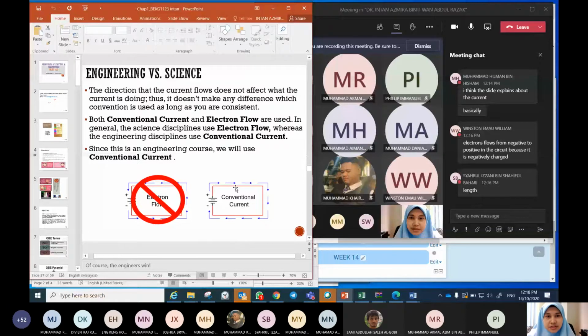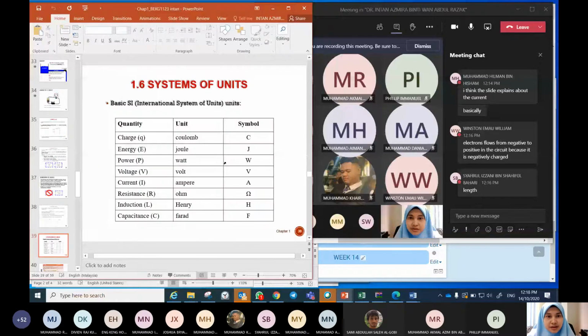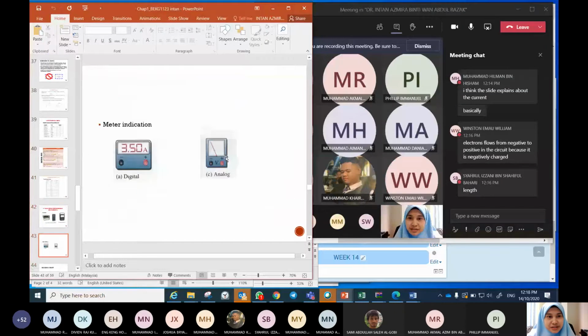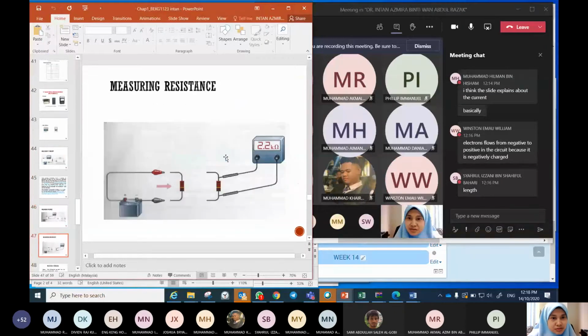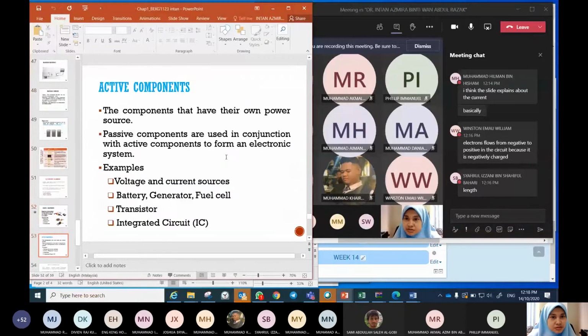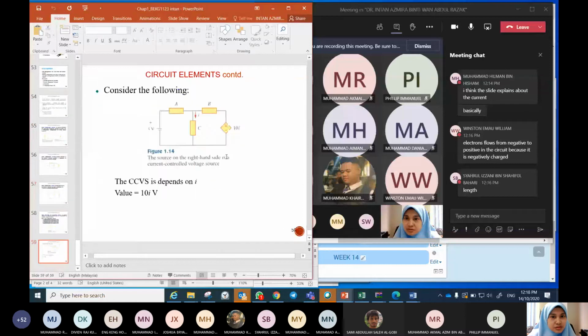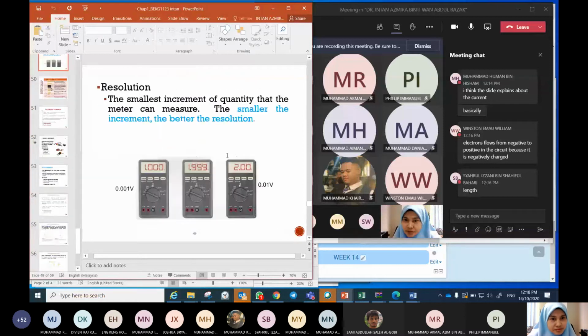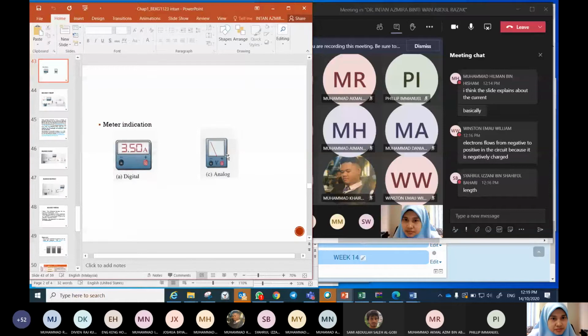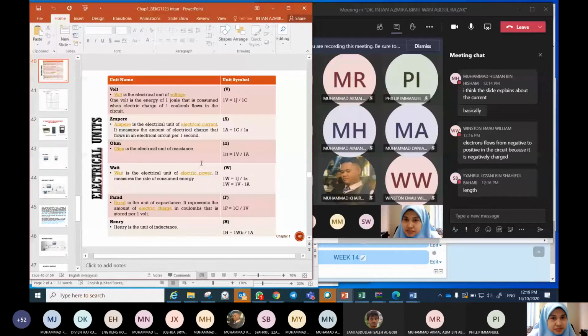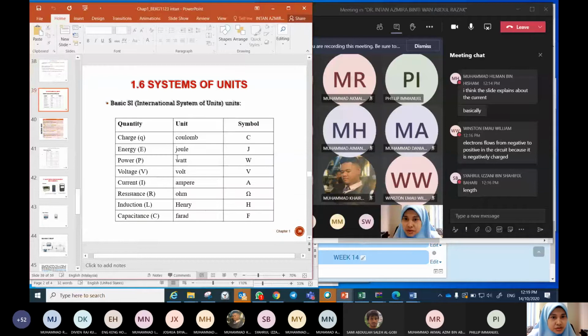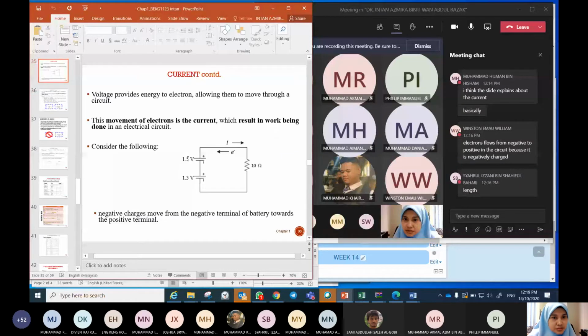But in chapter 1 we cannot find the formula of power. It just mentions power here, but no calculation and example of power.